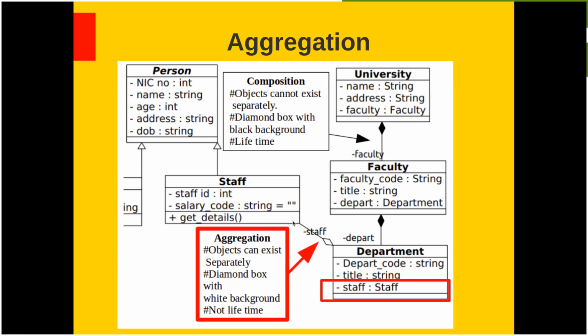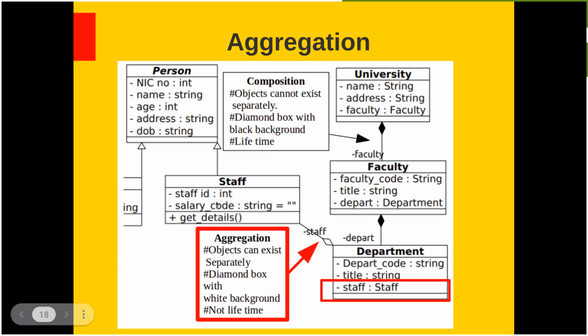We draw this relationship like this, with a diamond box with a white fill. This relationship is not lifetime. Not lifetime means staff is a person: if the staff member exists, the person exists.